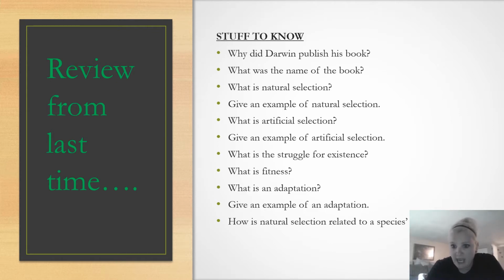Just to recap what you should have learned from last video and some things you need to make sure you had in your notes: why Darwin published his book, the name of his book, what natural selection is and maybe an example, what artificial selection is and an example of that, what the struggle for existence means, what fitness is, what an adaptation is and maybe an example, and then how natural selection is related to a species' fitness.